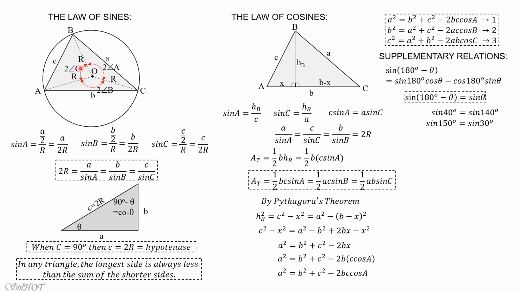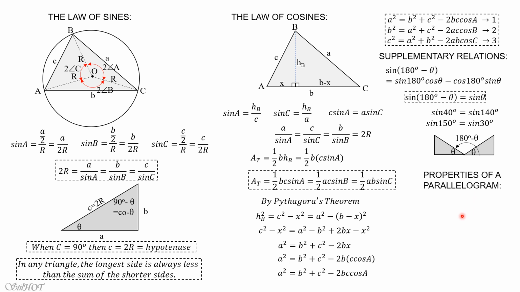But if you know the angle is obtuse and you use the law of sines, then you have to subtract the answer from 180 degrees. So for instance, you expect that the angle is obtuse and it gives you an angle of 20 degrees. You do not make 20 degrees your final answer. It should be 180 minus 20, so 160 degrees. So sine theta is equal to sine of 180 degrees minus theta.